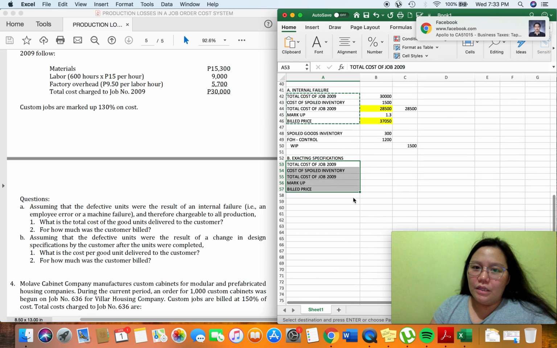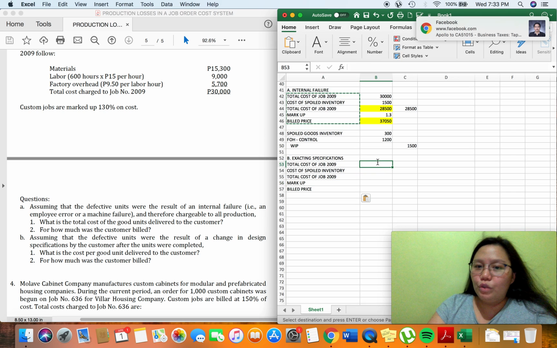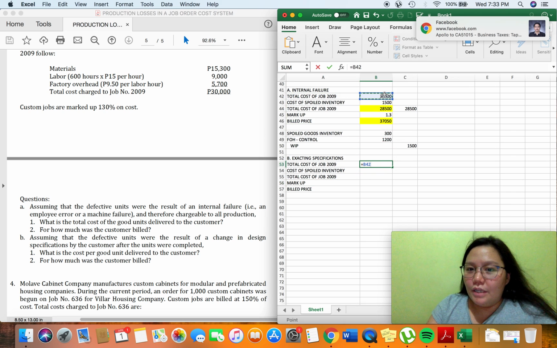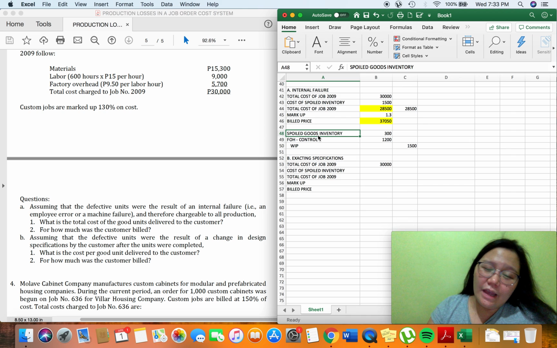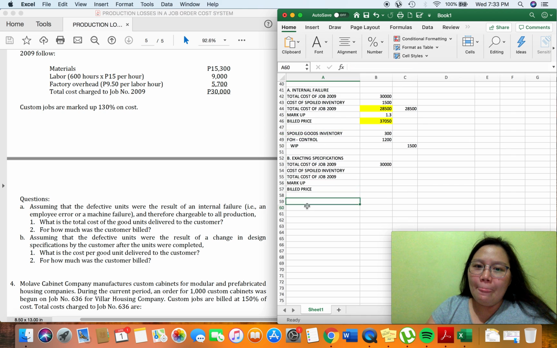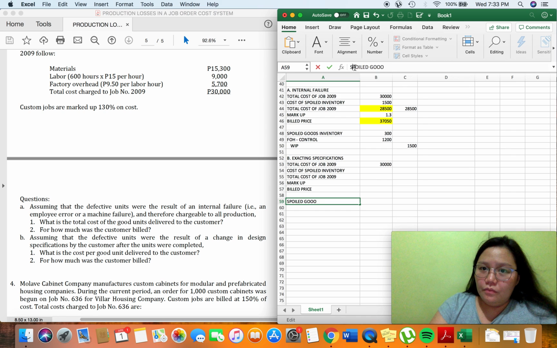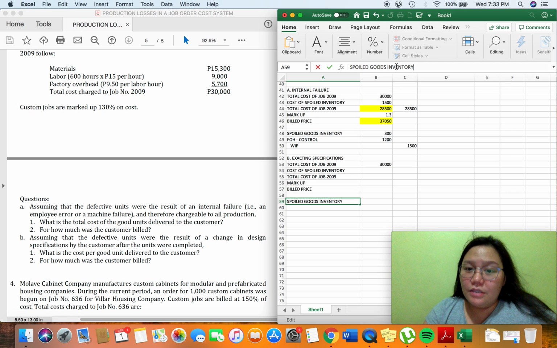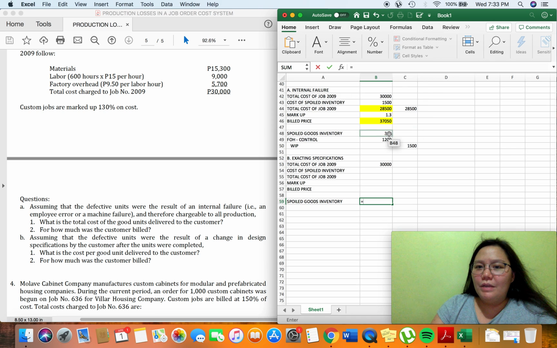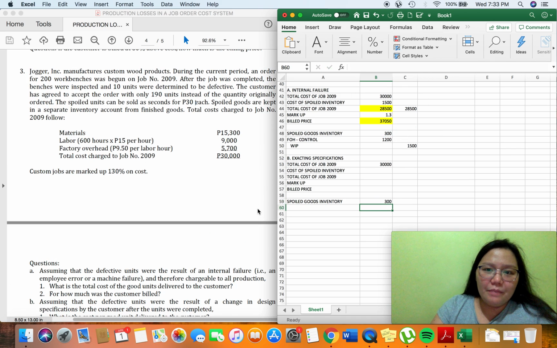So syempre we have the total cost of job 2009, that is 30,000. So para mas madali, again, prepare the journal entries. We will debit the spoiled goods inventory still at net realizable value, which is the same at 300, computed as 30 multiplied by 10.